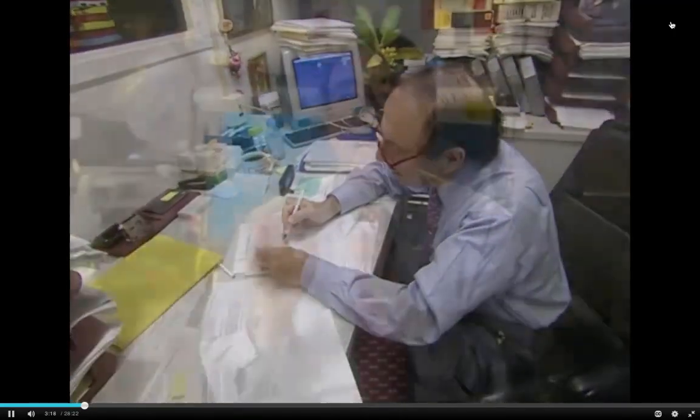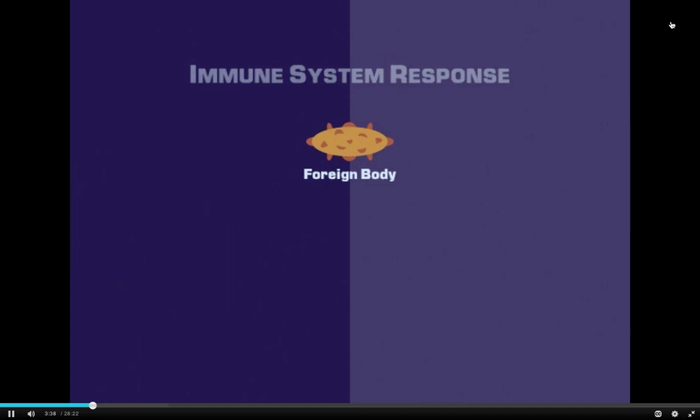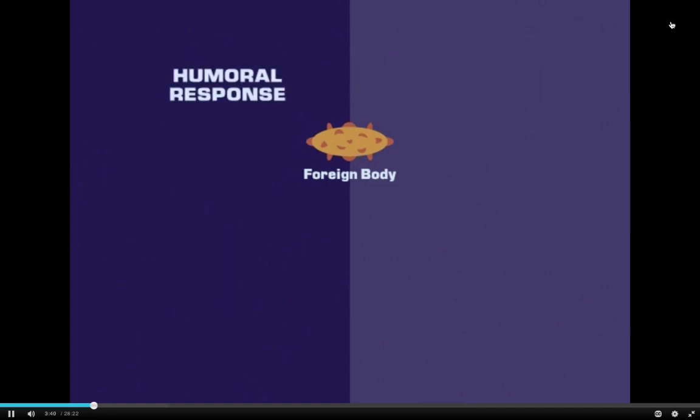Specific immunity, which comes later, because it's the non-specific that first responds, sort of gives time for the specific to arm itself. That goes in and says, this is a herpes virus, or this is the AIDS virus, or this is pneumococcus bacteria. Specific immunity has two branches: the humoral response and the cellular response.